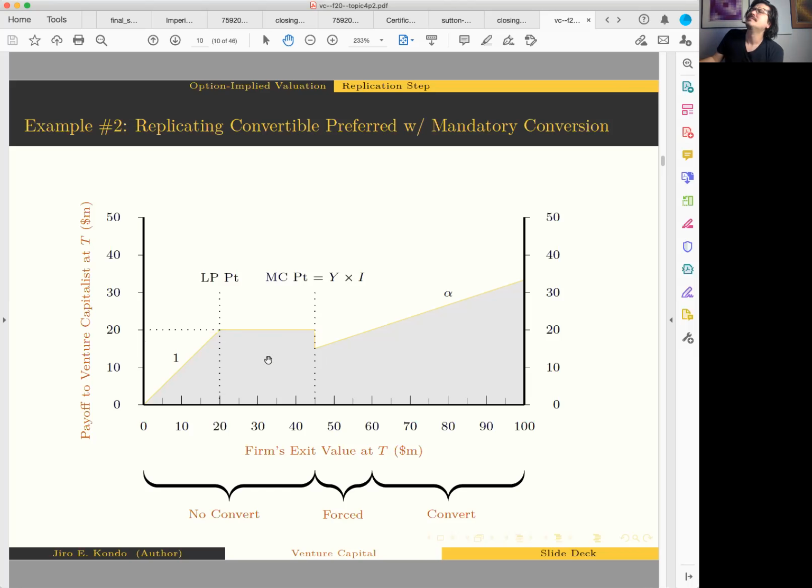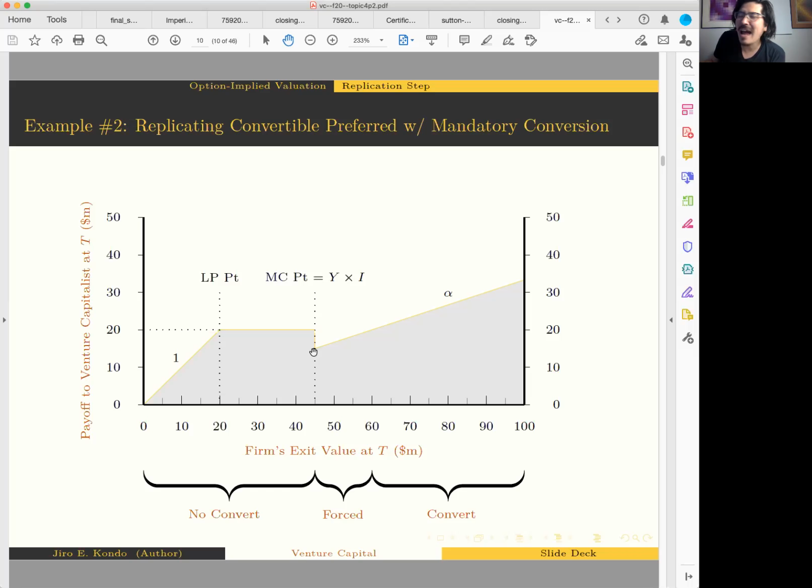But how would we replicate this? Well, again, we're going to replicate left to right. So we go long one underlying. We go short one call at 20. Now at 45, notice we have a drop of 5. So we go short 5 CNBCs, correct? Short 5 CNBCs at a strike price of 45.